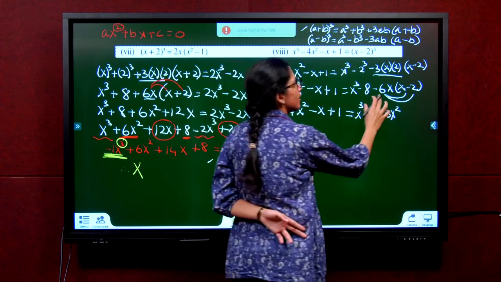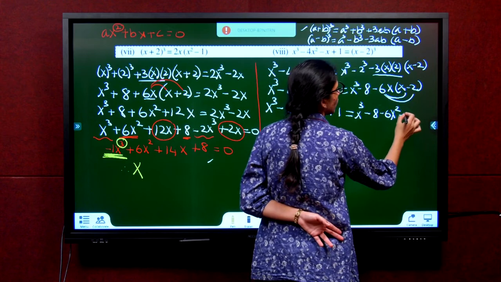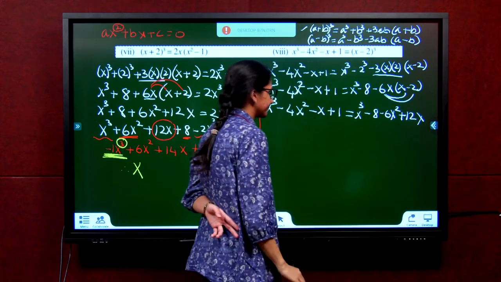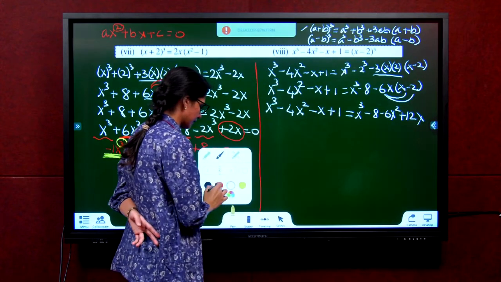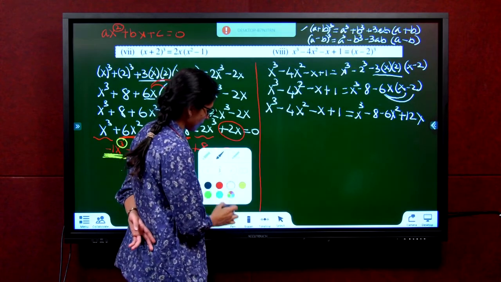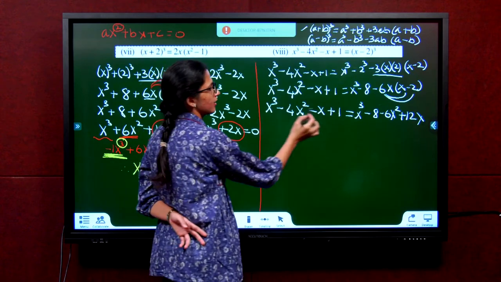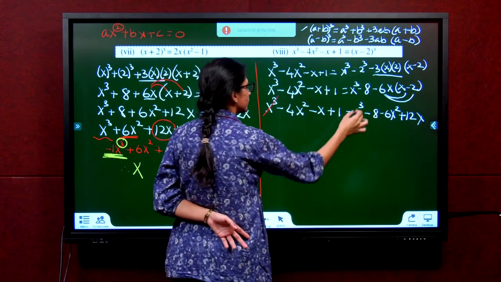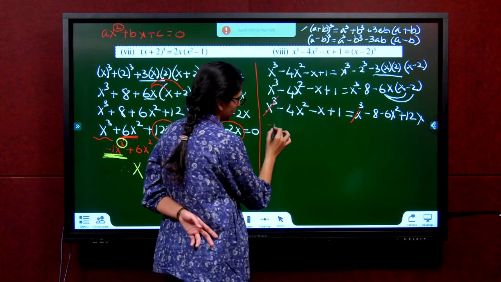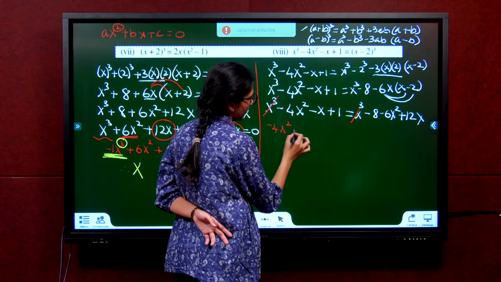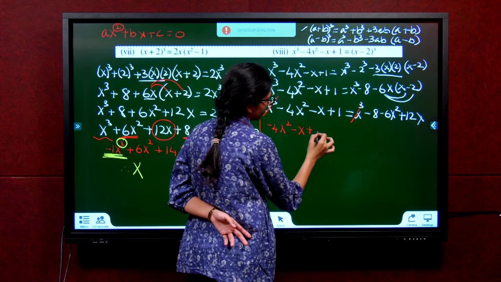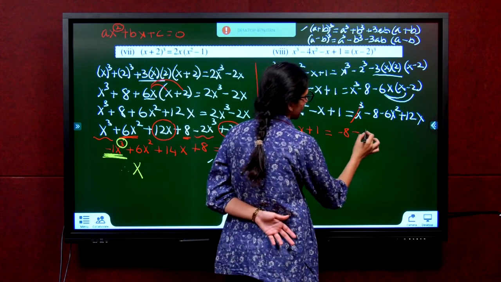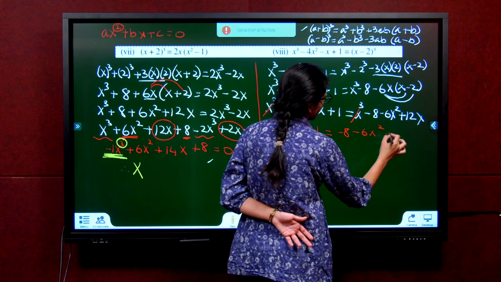First the numbers, minus 6 into minus 2, plus 12. x is there, put the x. Now as you can see in this one, we have x cube here and x cube here. Same terms, different sides, allowed to cancel. So you're left with minus 4x square minus x plus 1 is equal to minus 8 minus 6x square plus 12x.